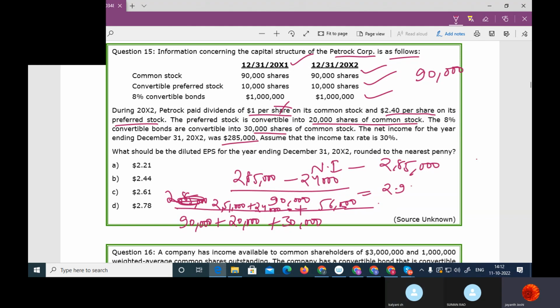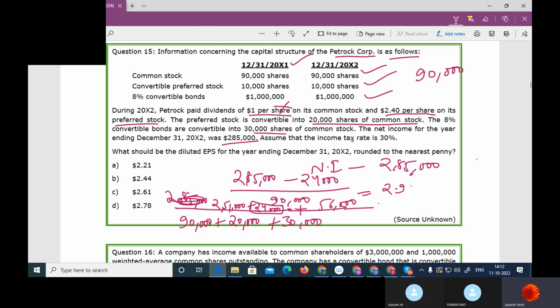Madam, adding 24,000 here is not correct. Why? Because we should not take this. If we take this, maybe it becomes anti-dilutive.